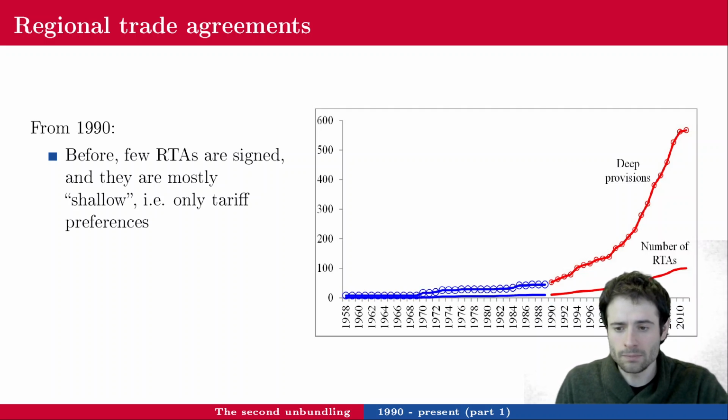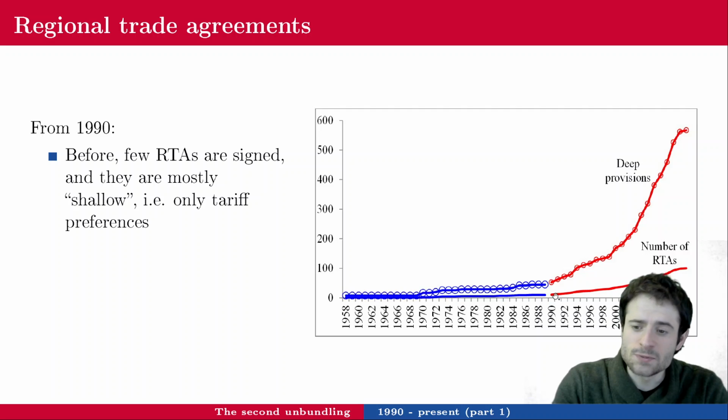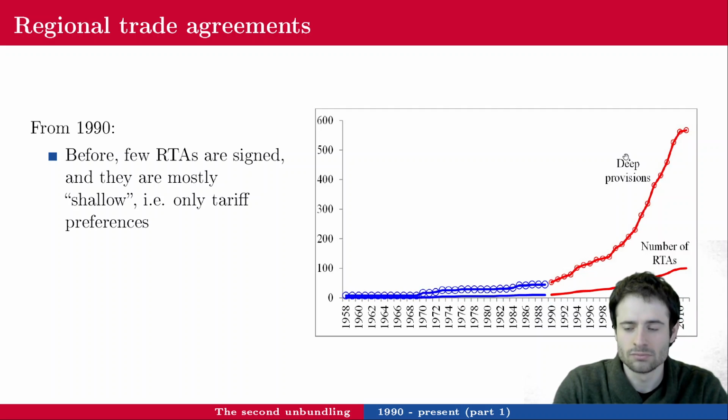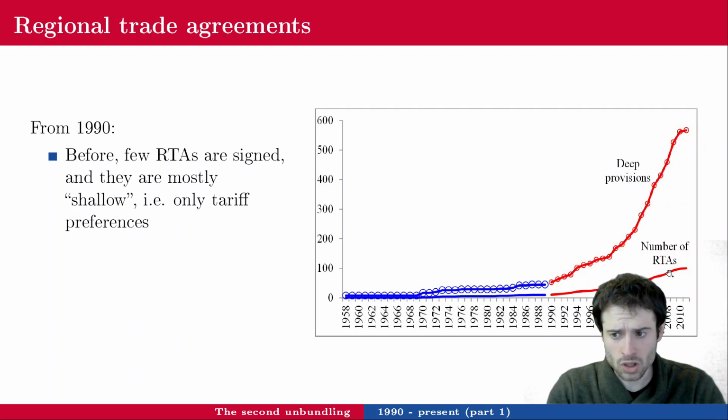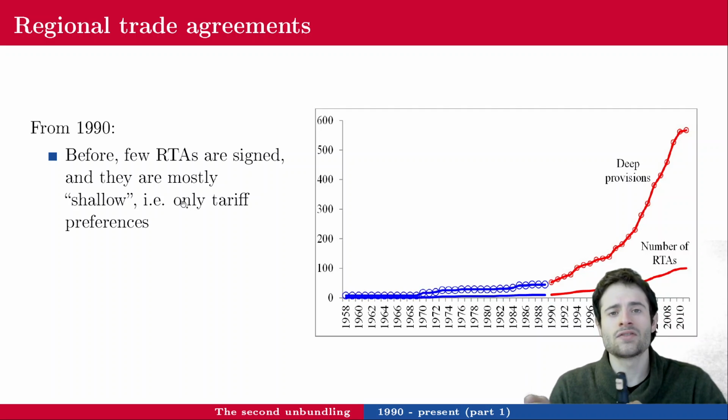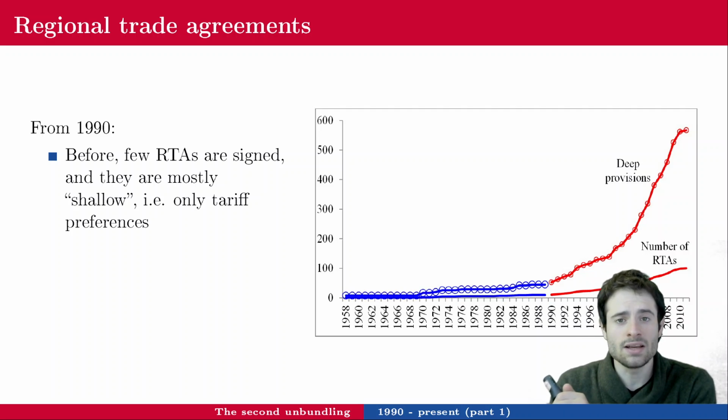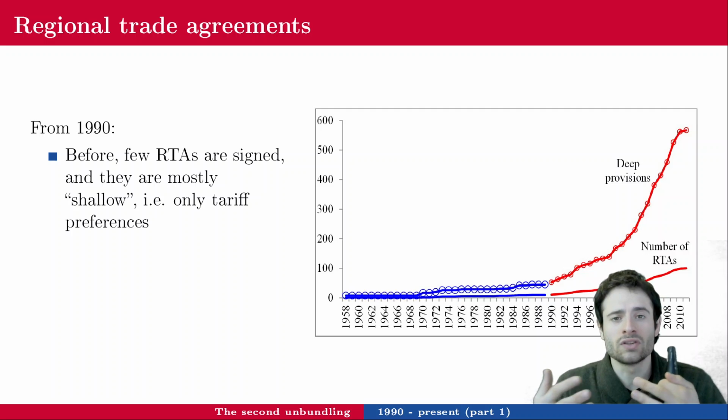You can see though here that in 1990, the exponential increase is in what we call deep provisions, rather than just the number of RTAs. So most RTAs which are about tariffs are called shallow, but deep provisions RTAs are going to be bundles of more of other conditions than just tariffs.